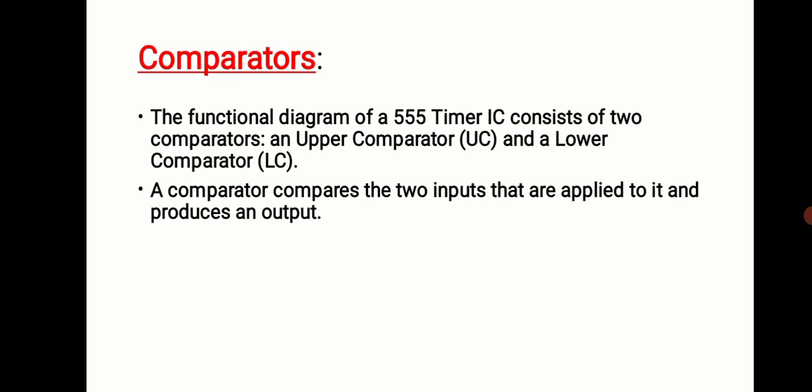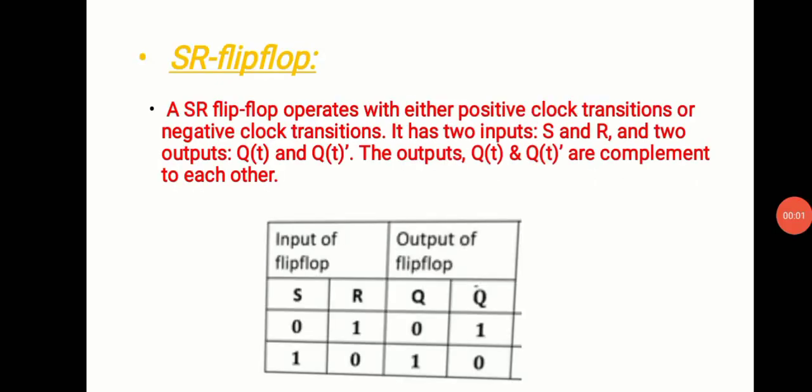A comparator compares the two inputs that are applied to it and produces an output. SR flip-flops: we studied SR flip-flops in previous classes. An SR flip-flop operates with either a positive or negative clock transition. It has two inputs and one output, either Q or Q bar.